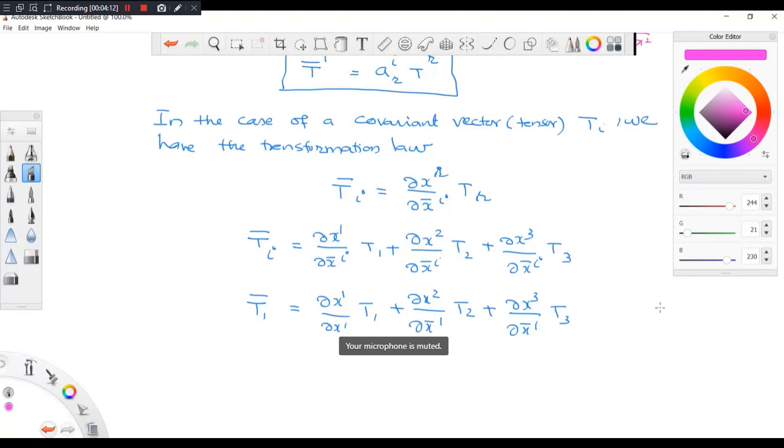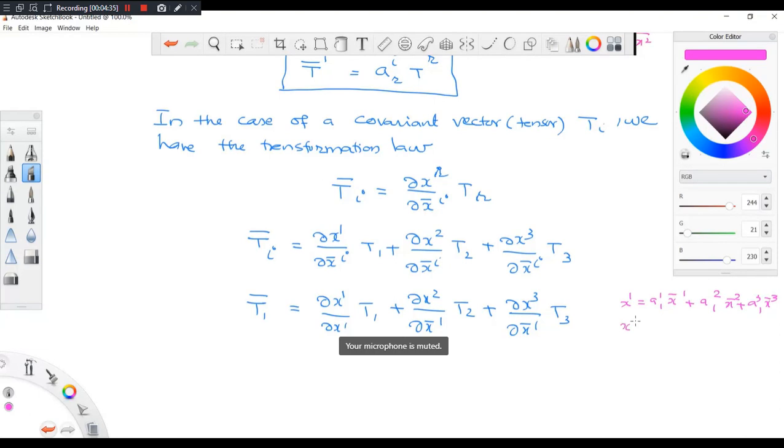Okay, and you have these expressions. You have this expression x1. How will I write x1? You reverse the transformation. x1 is A11 x1 bar, A21 x2 bar, A31 x3 bar.